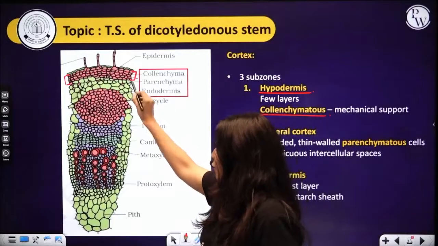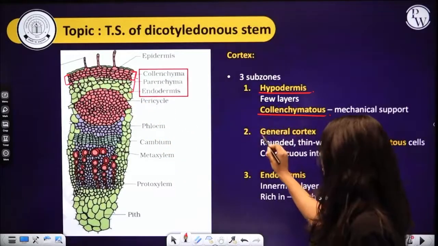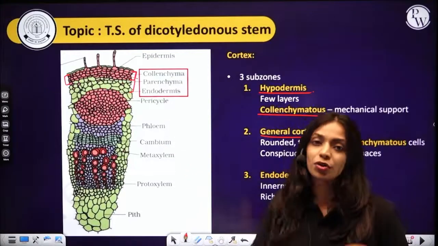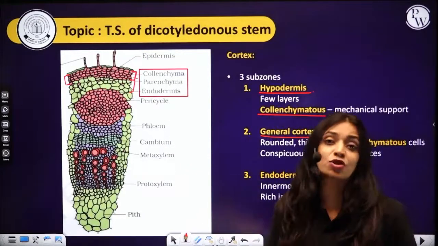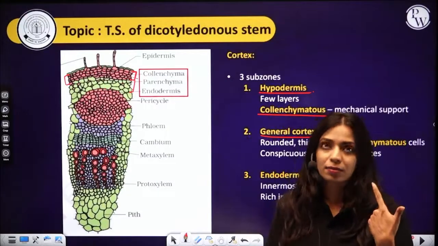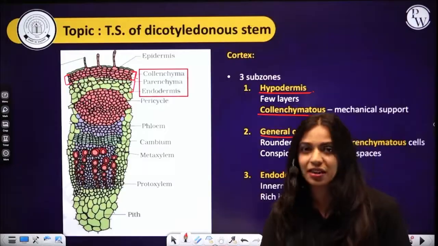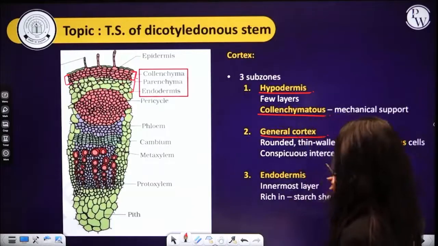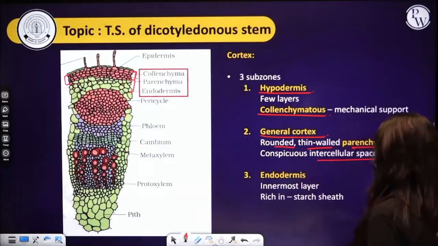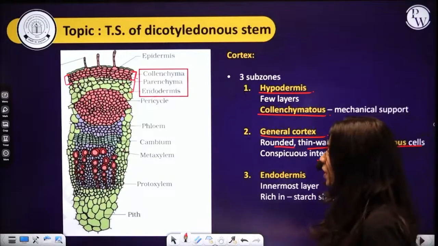Following this, you have the general cortex. The general cortex here is very similar to the cortex that we found in the section of roots. So it is parenchymatous, relatively loosely arranged, and it has intercellular spaces. So it is rounded, thin-walled parenchymatous cells with conspicuous intercellular spaces.